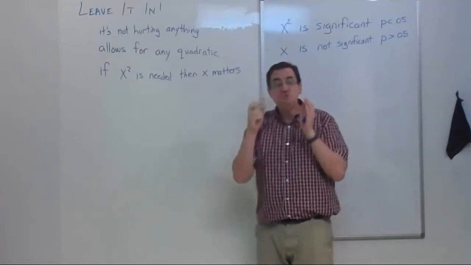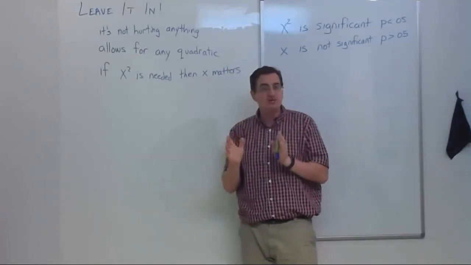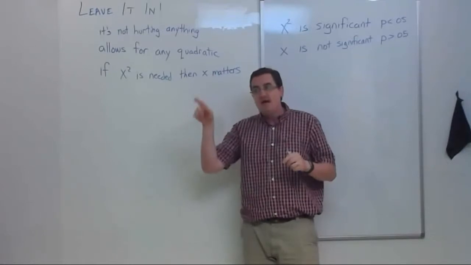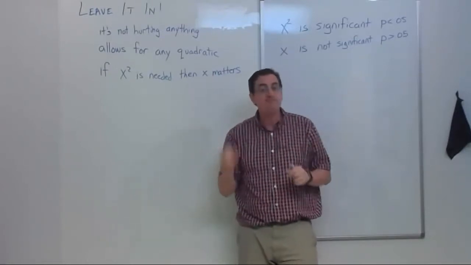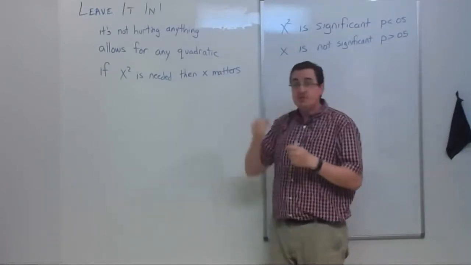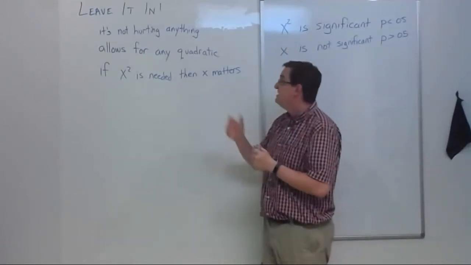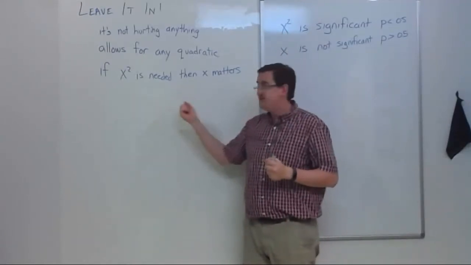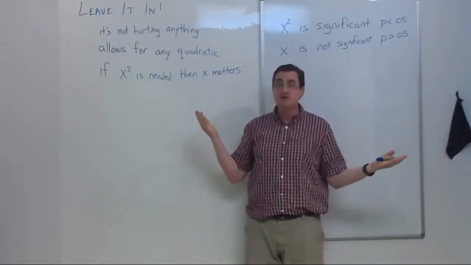And if you don't put it in, then you're going to restrict what kinds of quadratics you can have, because ax squared plus bx plus c describes any quadratic. But if you just have ax squared plus c, there's only certain quadratics you're allowing. And if x squared is needed, then it makes sense that x should be part of the model.